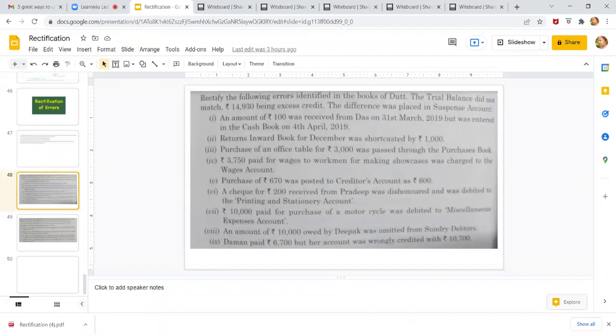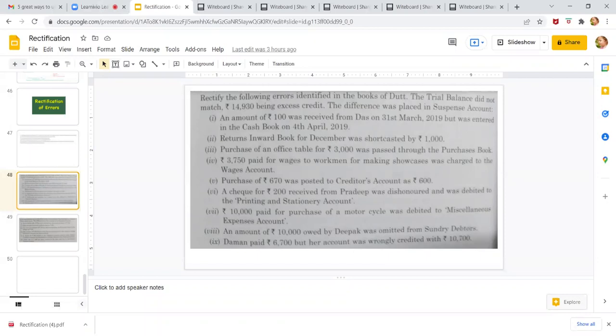Okay, ma'am. The first is in particulars: bank account debit to DAS account credit with the amount of 100. Yes, very good. In second, it's return inwards debit to suspense account credit with the amount of 1000.